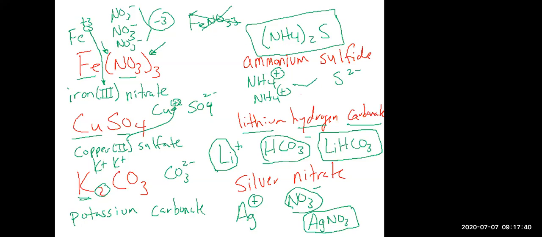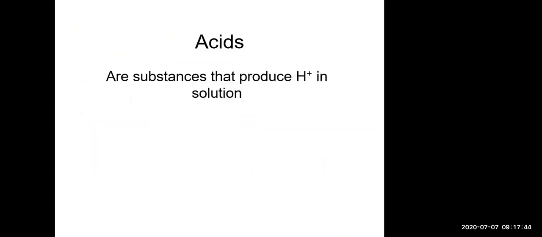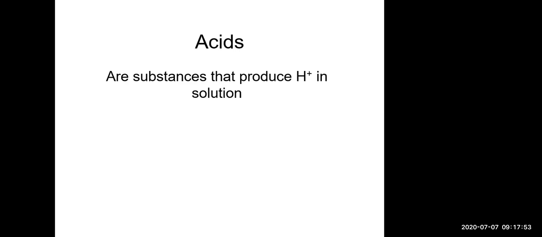Okay, so let us continue on with our naming then. The next sort of topic of namings are going to be acids and how we go about naming acids. So acids are basically solutions that produce H plus in, or substances that produce H plus in solution.